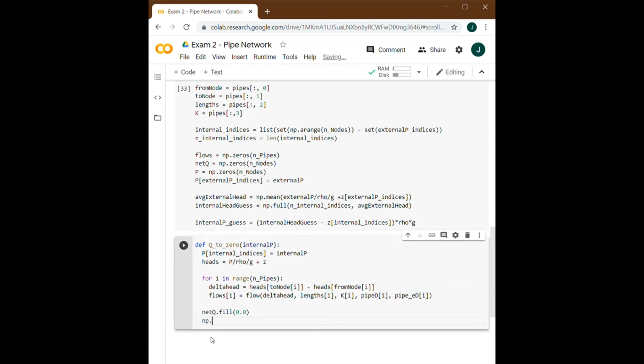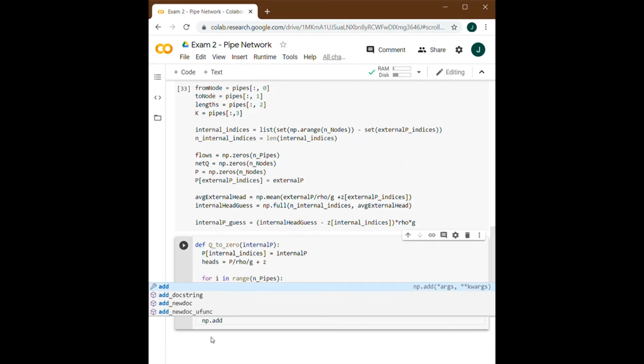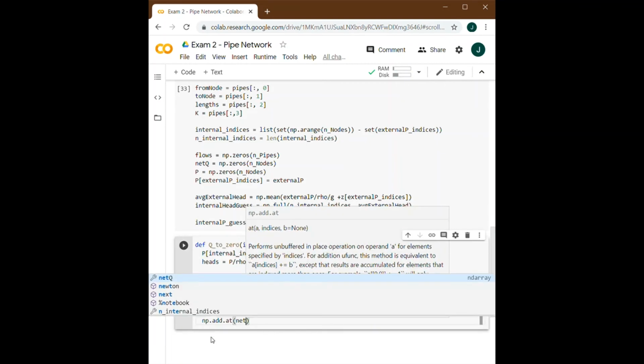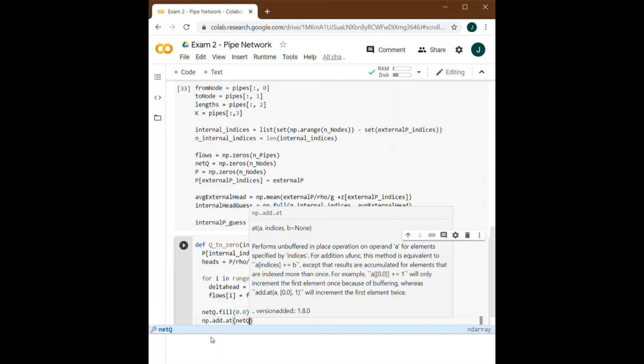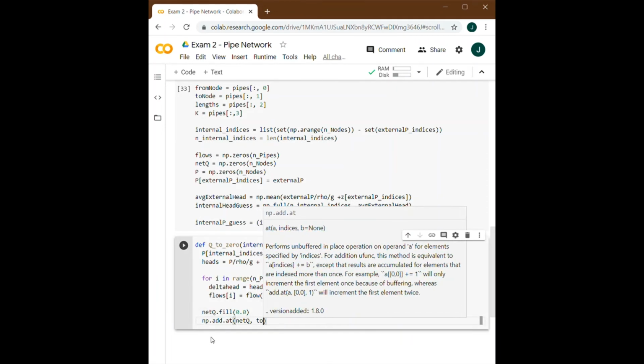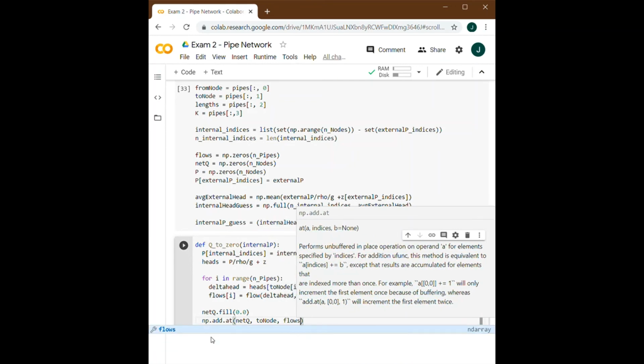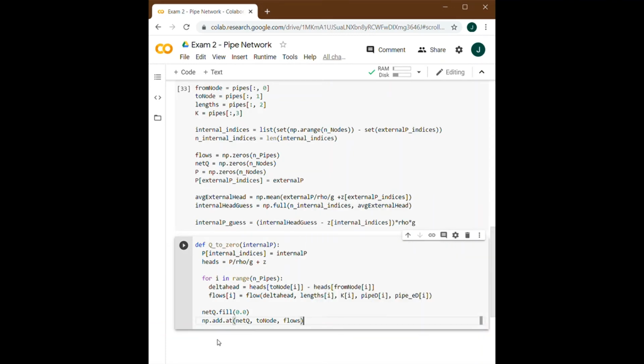Then we're going to do numpy add at netQ. What this will do is add our flows that we calculate here to all the to nodes. So 0, 1, 2, 0, 1, and 2 that we calculate for each pipe.